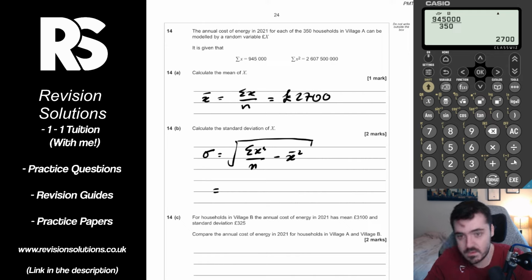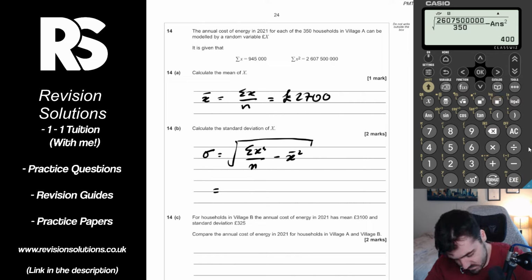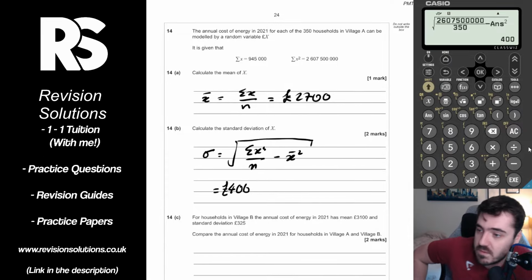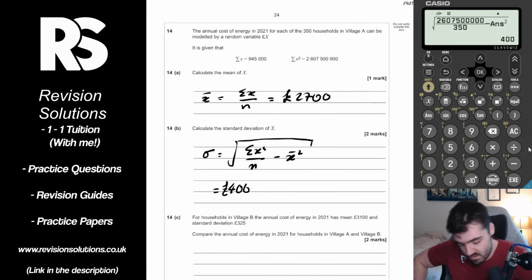So that would be square root of 607,500,000 over n, which is 350 again, minus our mean, which is stored as our answer currently, so just answer squared, which is 400. That's 400 pounds also. That's our distance, so it would still be measured in pounds. Average distance from the mean, sorry.